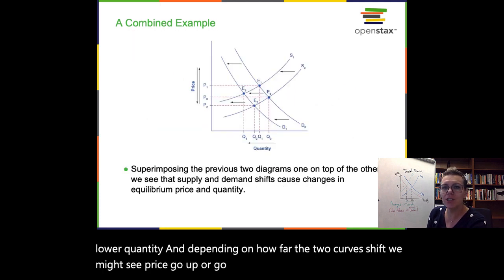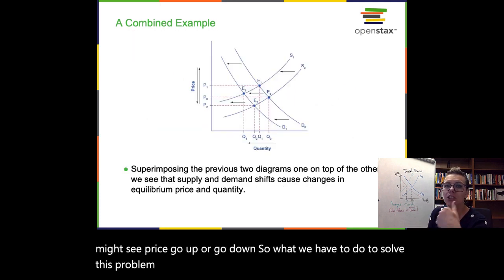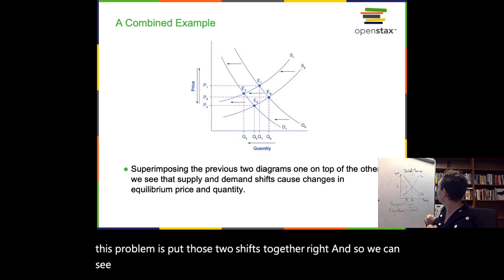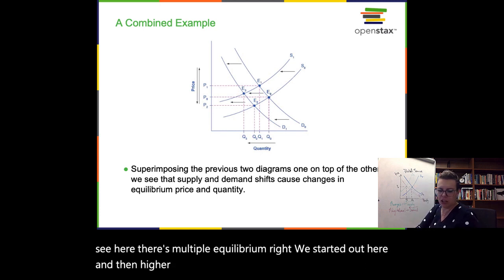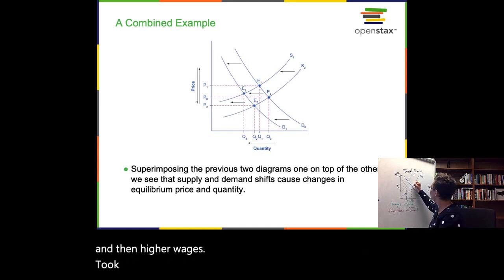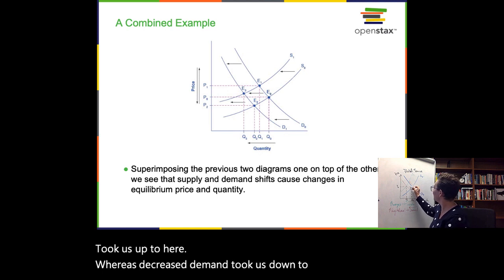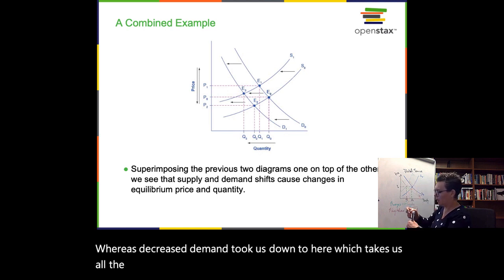So what we have to do to solve this problem is put those two shifts together, right? And so we can see here there's multiple equilibria, right? We started out here, and then higher wages took us up to here, whereas decreased demand took us down to here, which takes us all the way over to our new equilibrium over here.